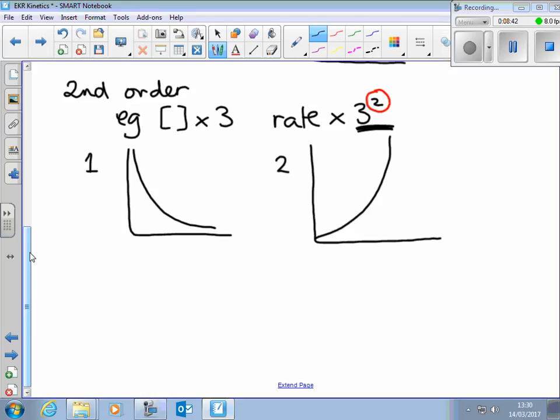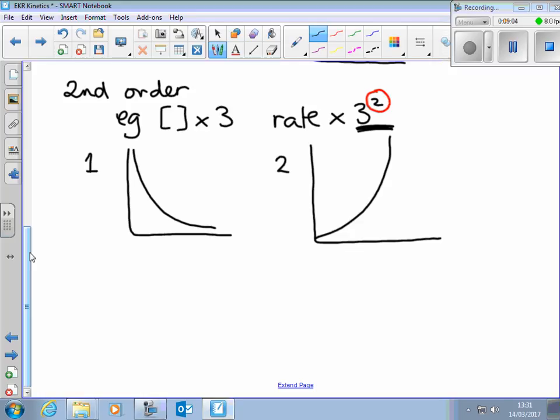If you then look down at the bottom, you've got, as I say, 2 lines on each of these axes. We've got the 0 order reaction. And for a 0 order reaction, if you double the concentration, the rate is affected in what way?